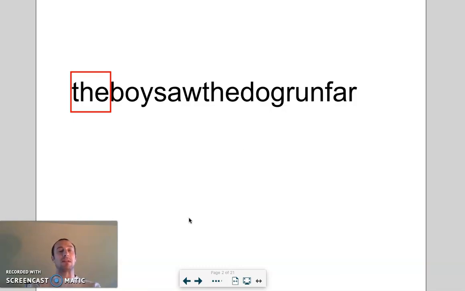And if you read this sentence now, right, the boy saw the dog run far, it makes sense. Even though it's kind of jammed together, we can still read it, and it makes sense, right? We read each of the words here. Right, the boy saw the dog, right? We see that, hopefully.